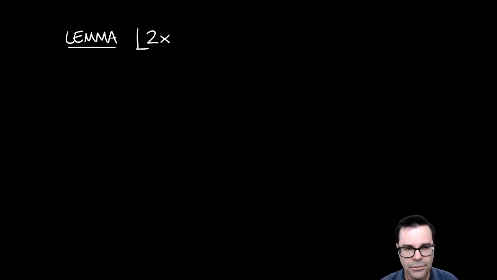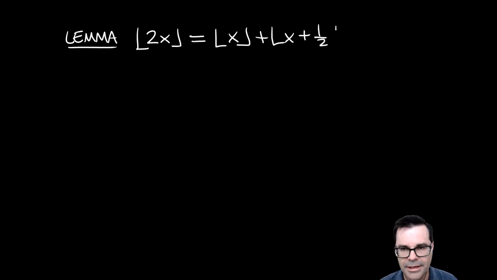So to show this, what I'm going to do is use a lemma, which is actually a particular case of a very important identity. And the lemma I'm going to use is this. It's going to say that the floor of 2x is equal to the floor of x plus the floor of x plus 1/2.